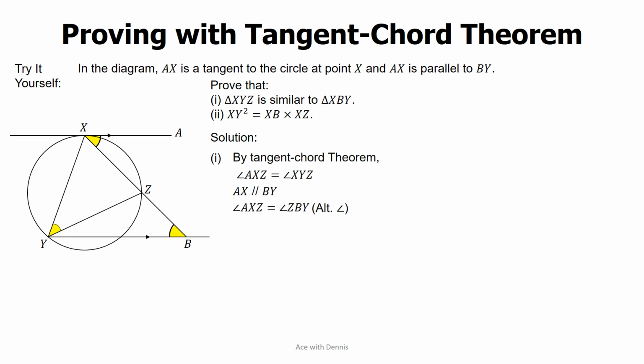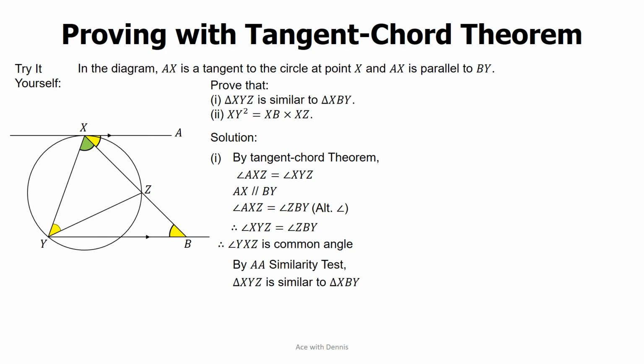And this is the angle. Therefore, angle XYZ equals angle ZBY. And angle YXZ is common angle, which is this angle. Therefore, by AA similarity test, triangle XYZ is similar to triangle XBY.